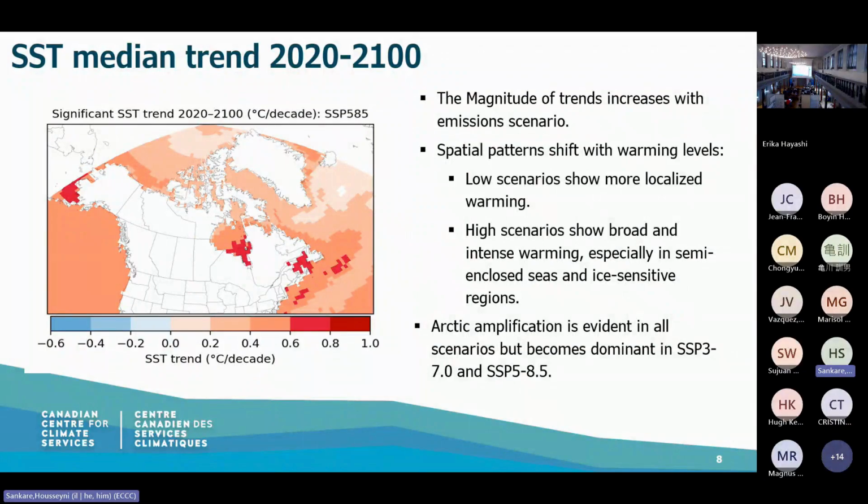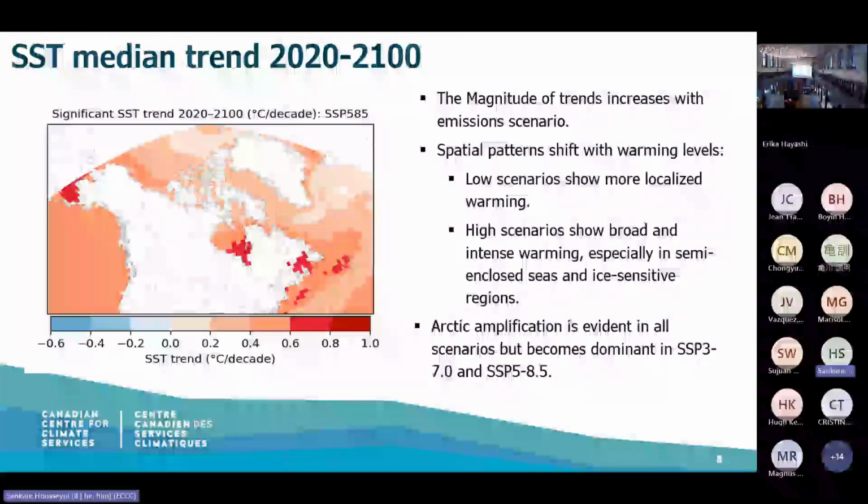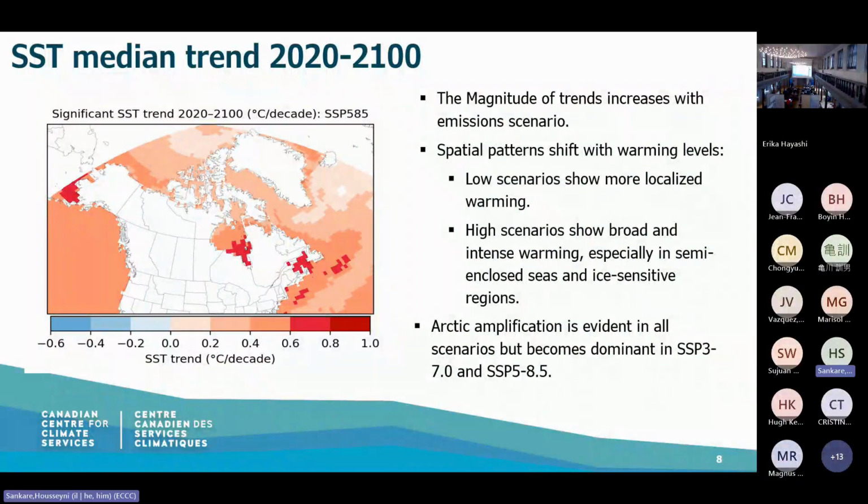We mapped the linear tendencies in SST for the historical period, from 1970 to 2014, and for the future projection, I take the period 2020 to 2100 under all four scenarios. Here you see the historical, just to show the reference, and after that the first scenario, the second one, and the last scenario.